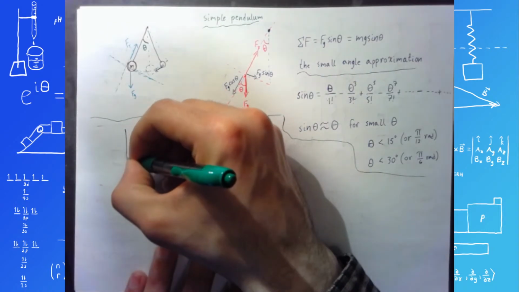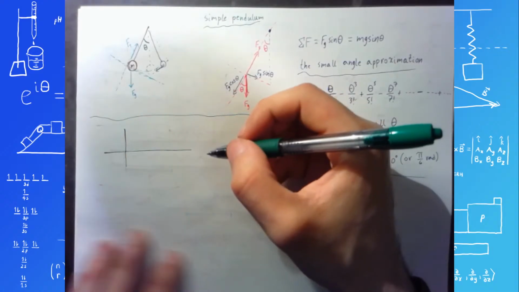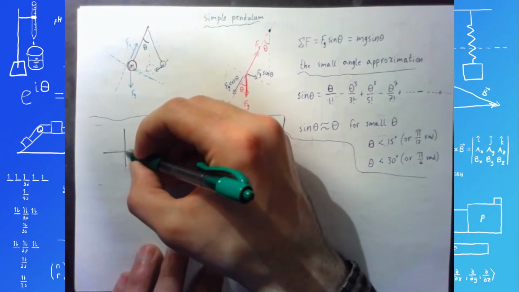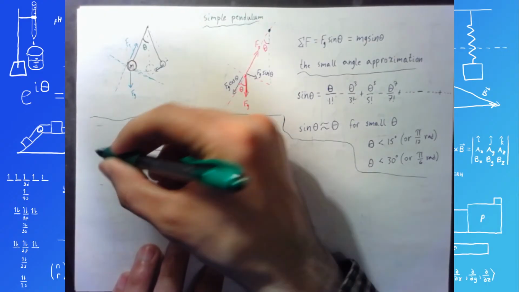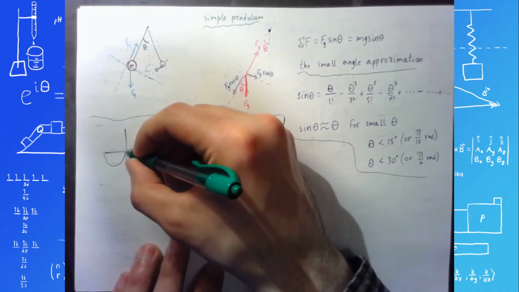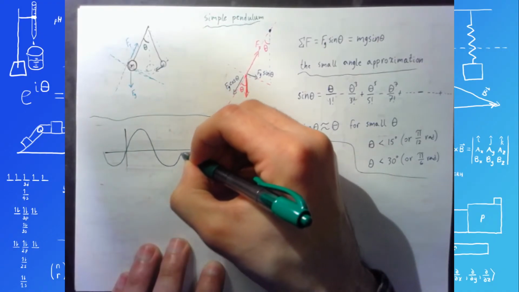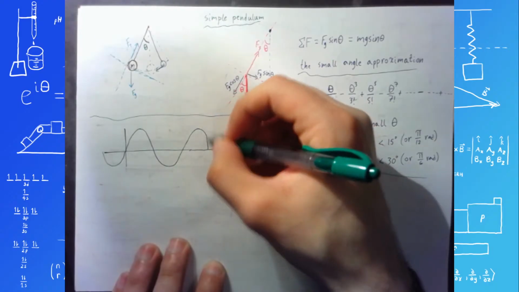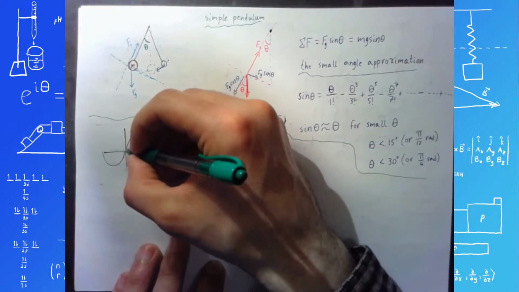For those of you who've done your trigonometry chapter in pre-calculus, you know that the graph of sine of theta looks like this. It's got that pattern over there, and then it just kind of waves around like this, and it just goes on repeating this pattern forever in both directions.